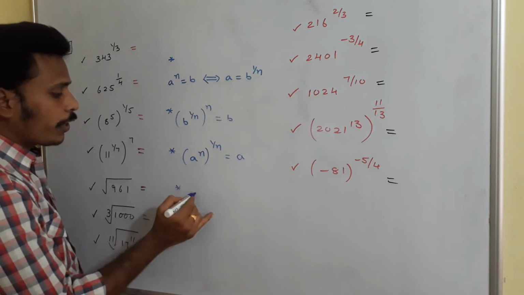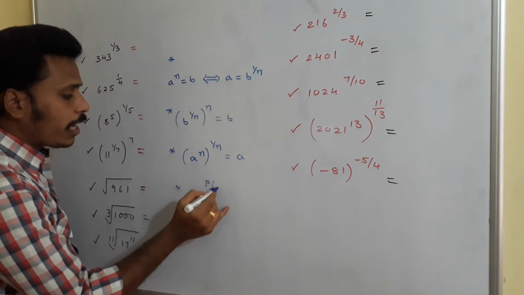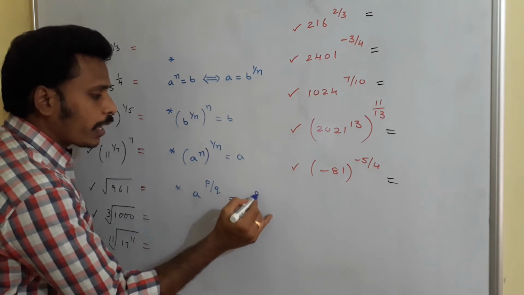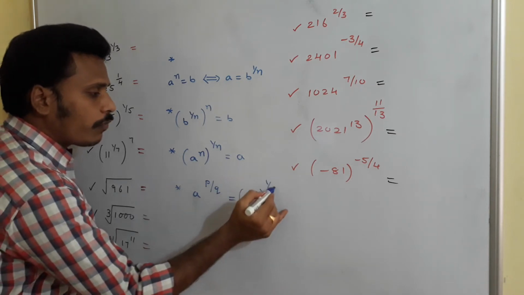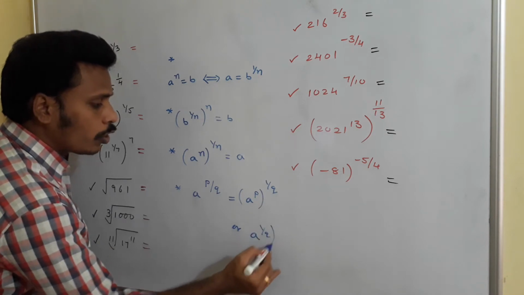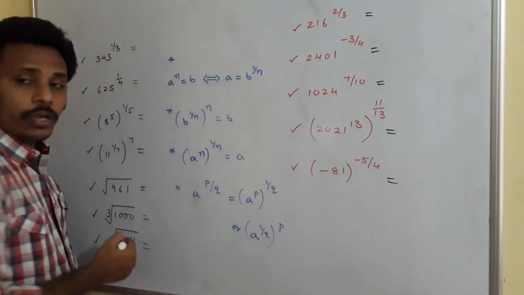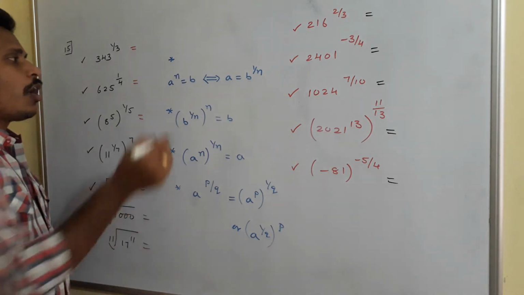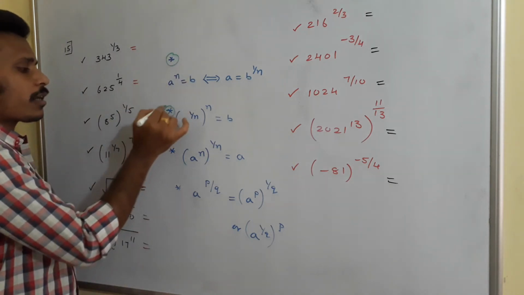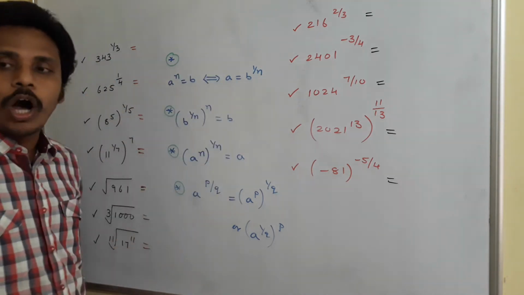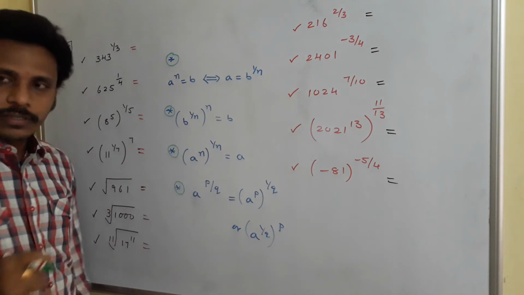And one more thing, if you have something like a power p by q, we will rewrite it like this: a power p to the power 1 by q, or a to the power 1 by q to the power p. Okay, just observe this. We learned all these things in the last class, and now I have some simple problems here to answer using these logics.